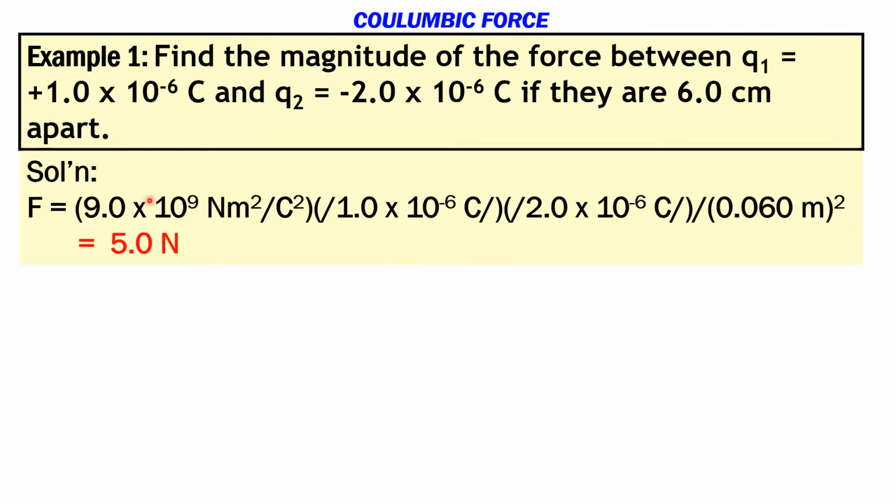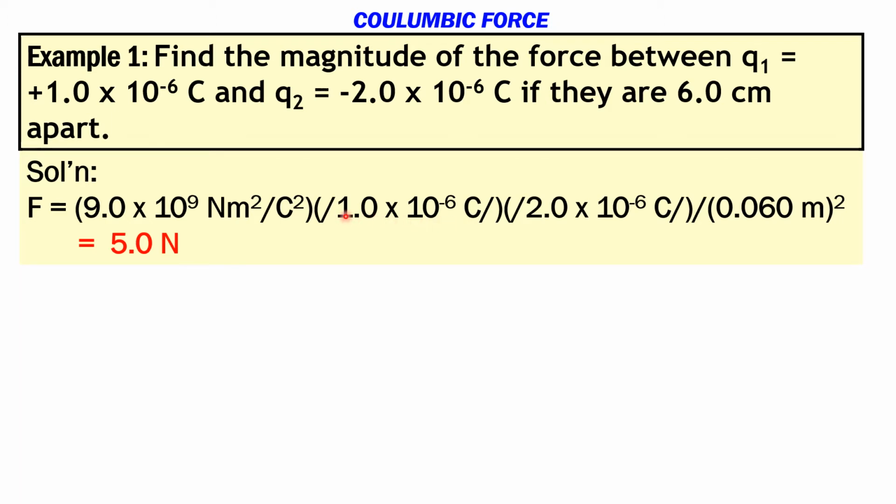We simply substitute the given data in that formula, such as 9.0 times 10 to the 9th newton meter squared per coulomb squared, that's the value of K. Then multiplied by the absolute value, see this slash symbol, we mean only the magnitude of the charge will be substituted in here.